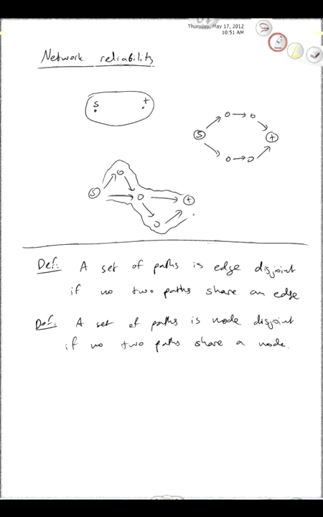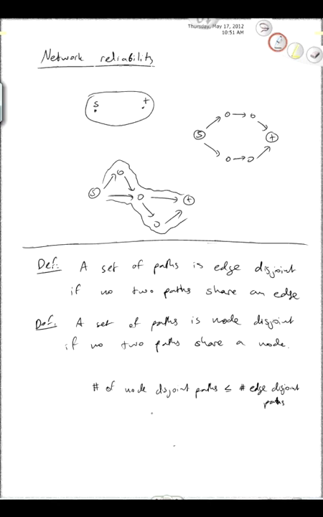So in terms of these definitions, one thing that's true is that the number of node disjoint paths is always less than or equal to the number of edge disjoint paths between two nodes. You can see that in this example, we had two edge disjoint paths, but only one node disjoint path.